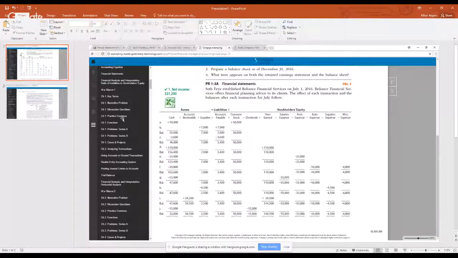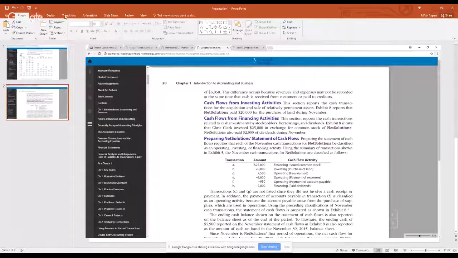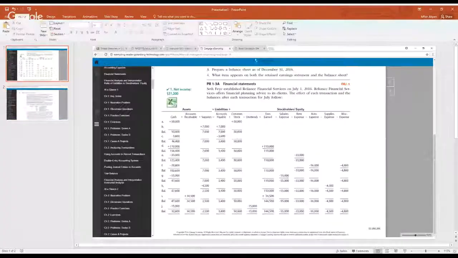One thing I wanted to show you guys, and I put together this little slideshow. These are actually screenshots from our textbook. If you have a chance, on page 20 in chapter 1, it goes over this Net Solutions company.